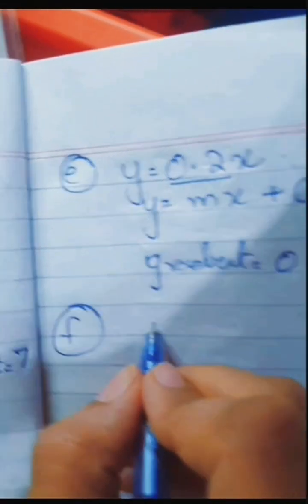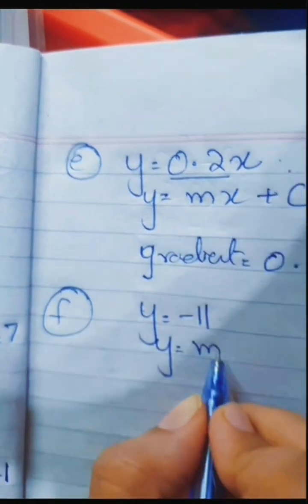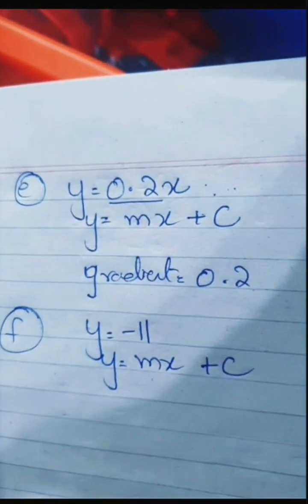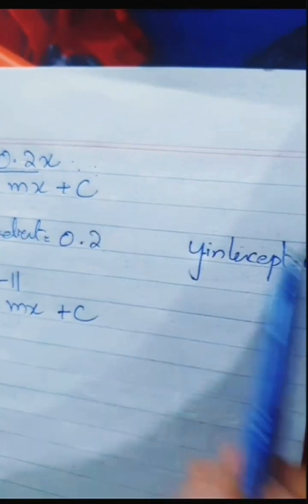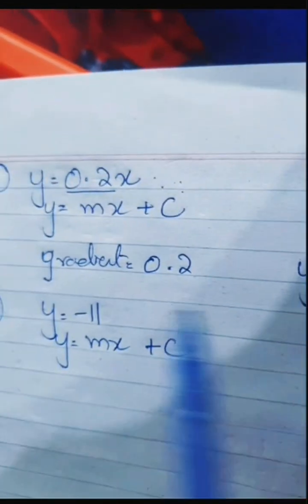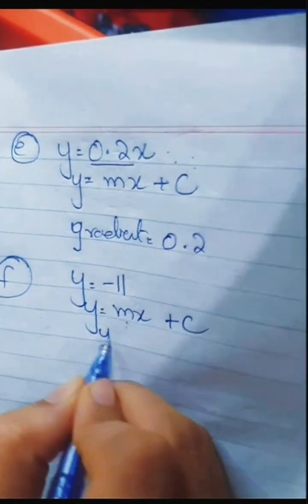Now f, it's part f. Y is equals to negative 11. You can see in this equation x is not given, so I am writing formula to explain you. Now here mx is not given, so we will take it 0.